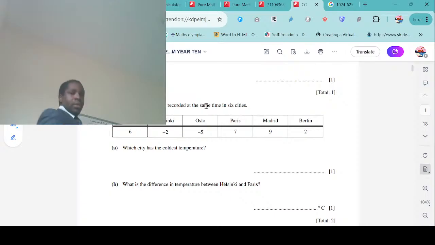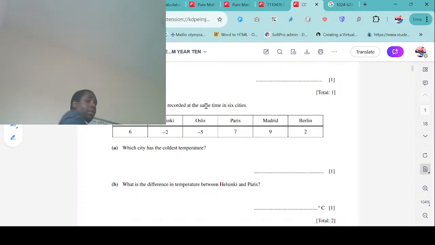Then we have Oslo, then Paris. And so now we have the temperatures: 6, -2, then we have -5, then we have 7, then we have 9.